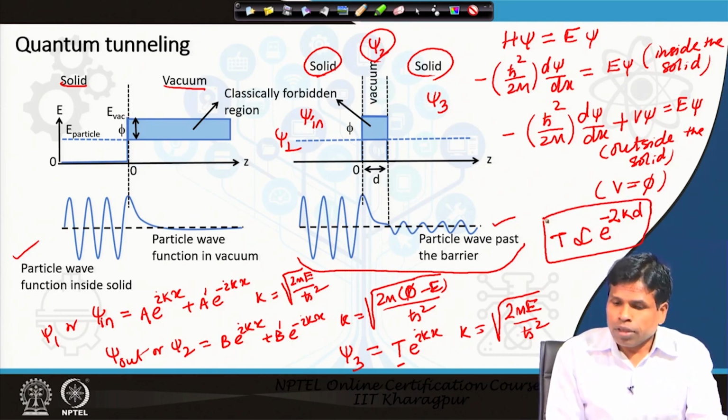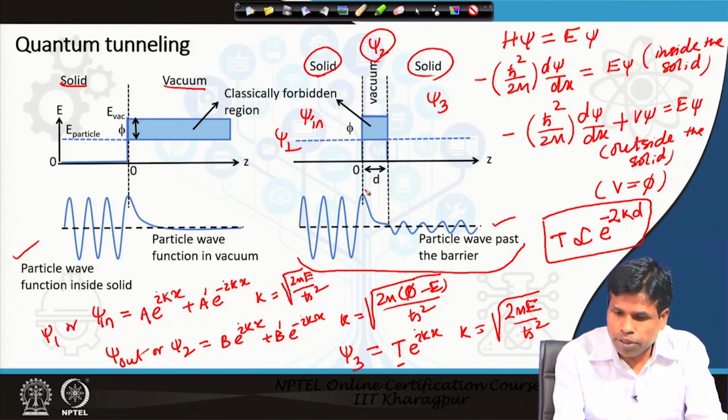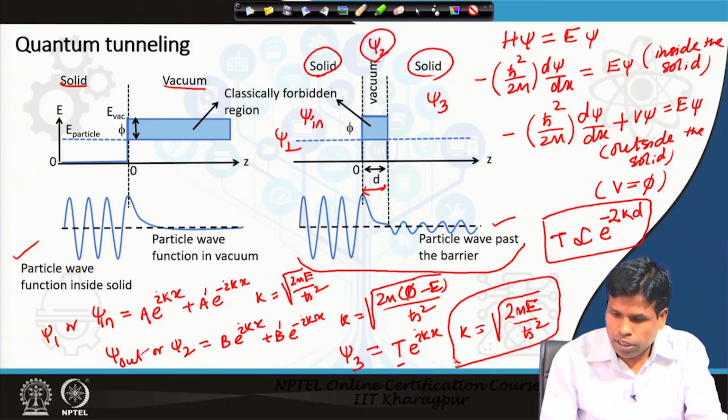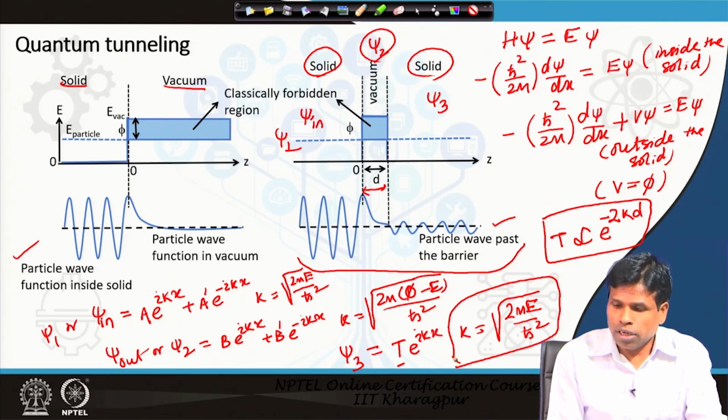Here d is the thickness of the barrier and k is this one, root over 2mE upon h cross square.